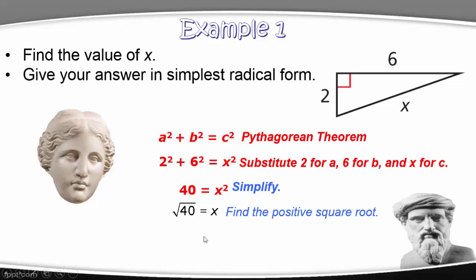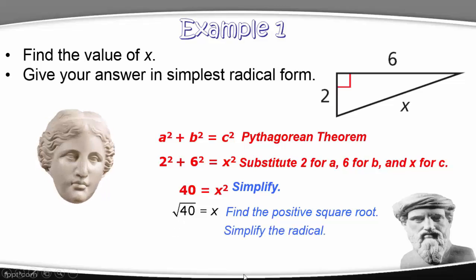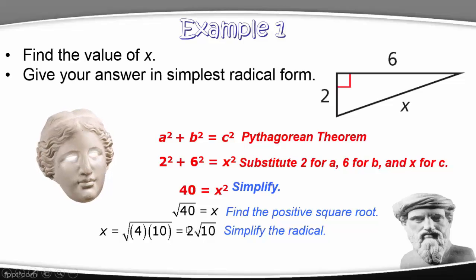And then, of course, we're going to simplify this, so we're going to look for the hidden perfect square, and in this case it's 4, so x is equal to the square root of 4 times 10, and we can pull out the 4 as a 2, and there we have our final answer.